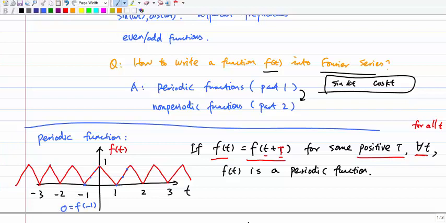This one is the same as if you shift by 2, which is equal to f(1), which means it's equal to f(-1 + 2). Then it's the same. If you shift this by 2, you get the same value. Similarly, because the pattern continues and repeats, if I'm starting somewhere over here, where I don't know the value, say this is 0.7, you have certain values, say this is 0.3, this is -0.7.